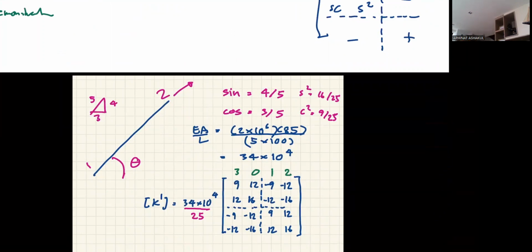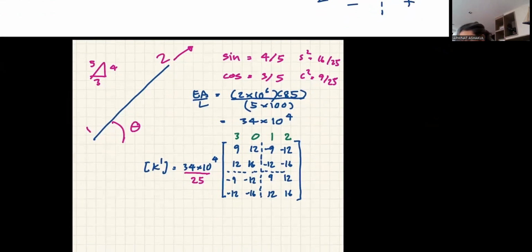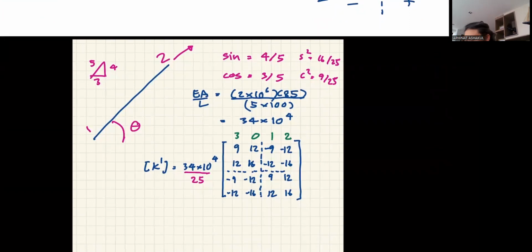You can choose to do this right away. Let me show it to you right now. I think it's a better way if you can shuffle this into the 4x4, which is just the matrix for the global system of the entire structure.